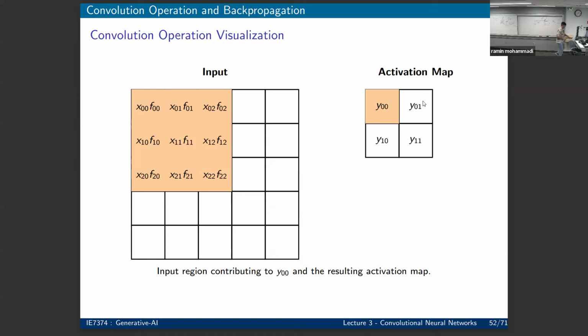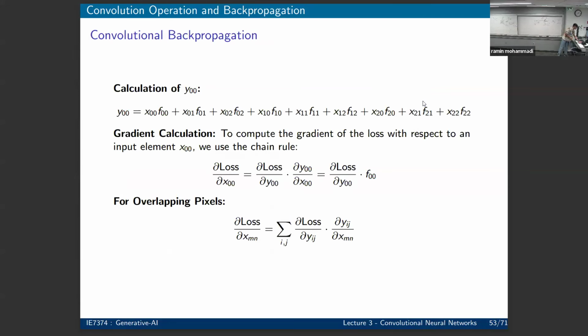It's just cross correlation. Now, if we think about y00, it's that summation, right? If you want to calculate the gradient of the loss with respect to x00, we use the chain rule: the gradient of the loss with respect to the activation map, which we had through backpropagation, times the gradient of this with respect to x00, and it becomes this one. And if you have overlapping, then it becomes a summation.